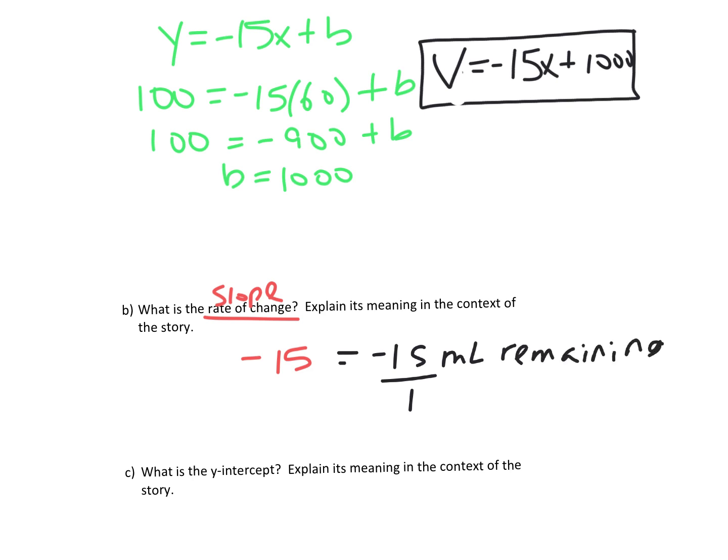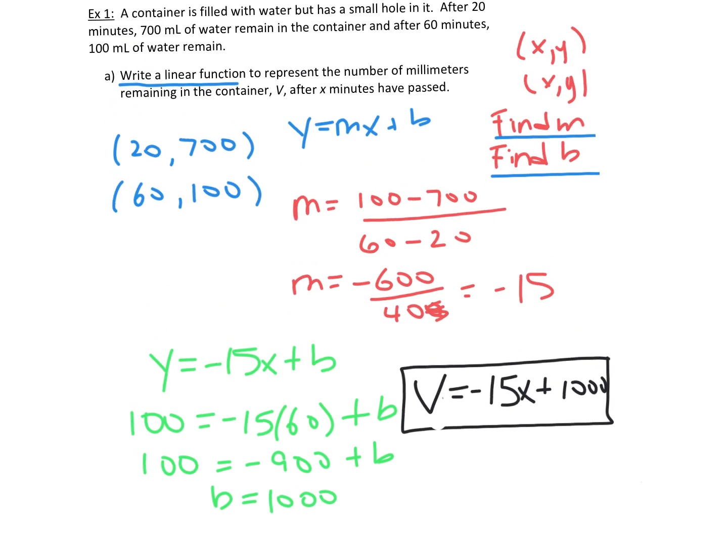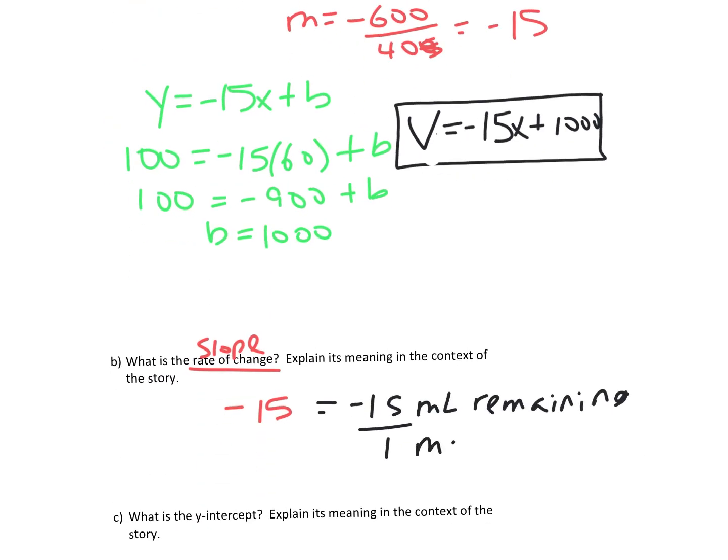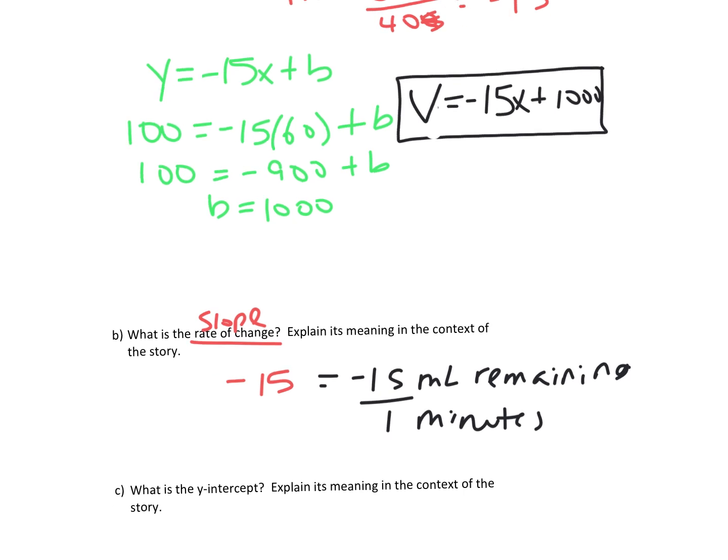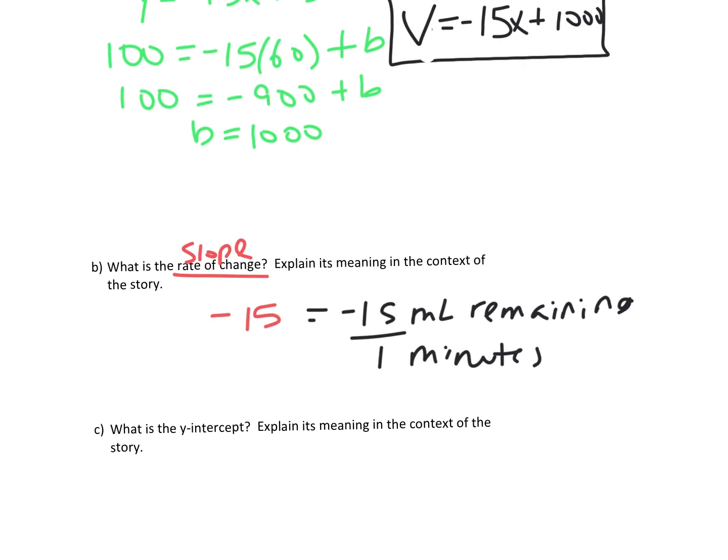X units is the number of minutes that have passed. So I'm going to make a sentence, and there's a negative, so I'm going to say every minute, because it's about water being lost from the container, every minute 15 milliliters pour out of the container.